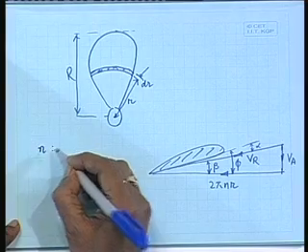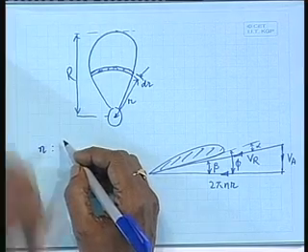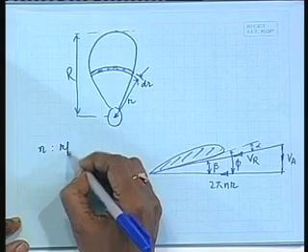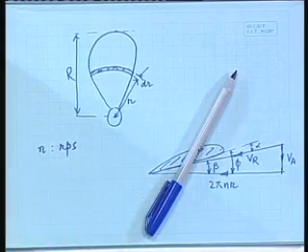If n is the RPS, rotation per second, then 2 pi n is the omega, isn't it? 2 pi is the angle for one rotation, n rotations per second, so 2 pi n into r is the tangential velocity, that is water is impinging onto the propeller blade, each section like this.